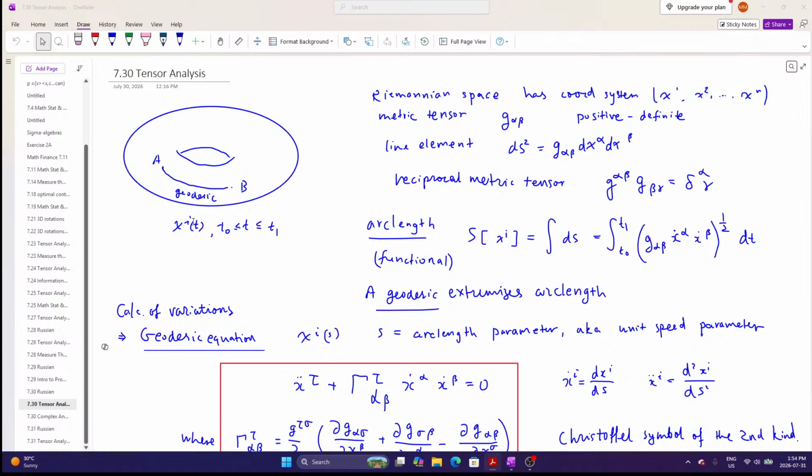That's the parameterized curve on the Riemannian space. You can write dx alpha as x dot alpha dt, and dx beta as x dot beta dt, and you substitute that in and integrate, and you get this expression.